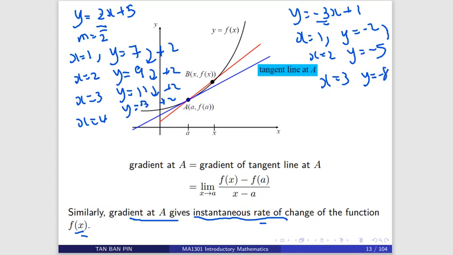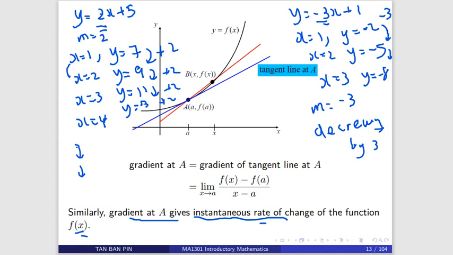So this time you see that if you increase x by 1, the y value decreases by 3, from minus 2 to minus 5 and minus 8. If the gradient is 2, then you find that y increases by 2.